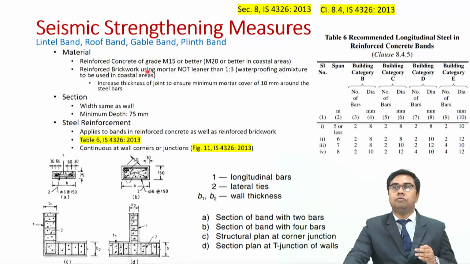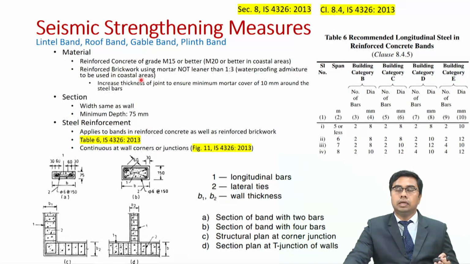If you are using reinforced brickwork, then the mortar should be not leaner than 1:3, and if you are implementing your solution in case of a coastal area, then the waterproofing admixture should be used in reinforced brickwork as well while preparing mortar. And we need to increase the thickness of joint to ensure that the minimum mortar cover of 10 mm around the steel bar.